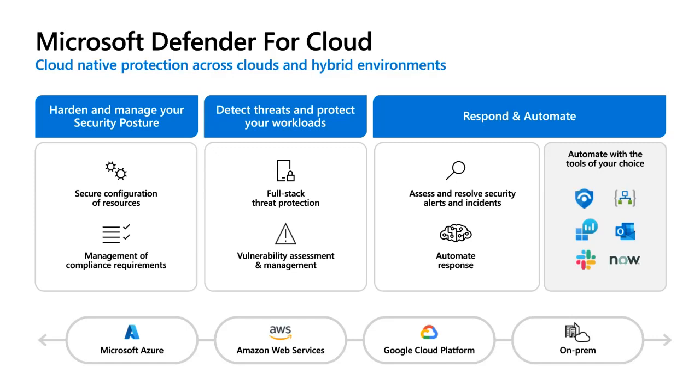It does that using several things like KPIs such as secure score, and also regulatory compliance. It can protect workloads across multi-cloud and hybrid environments from evolving threats. It integrates with a range of products to enable seamless response and automation for your SecOps teams as well. So if you go on to the next slide.